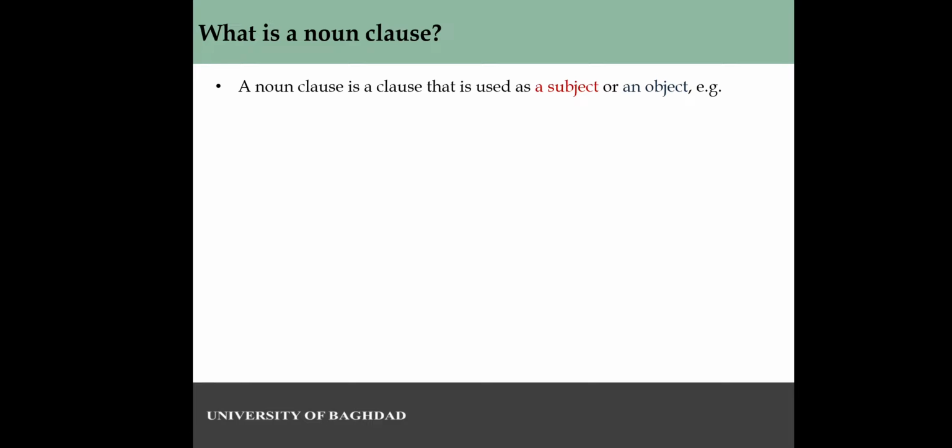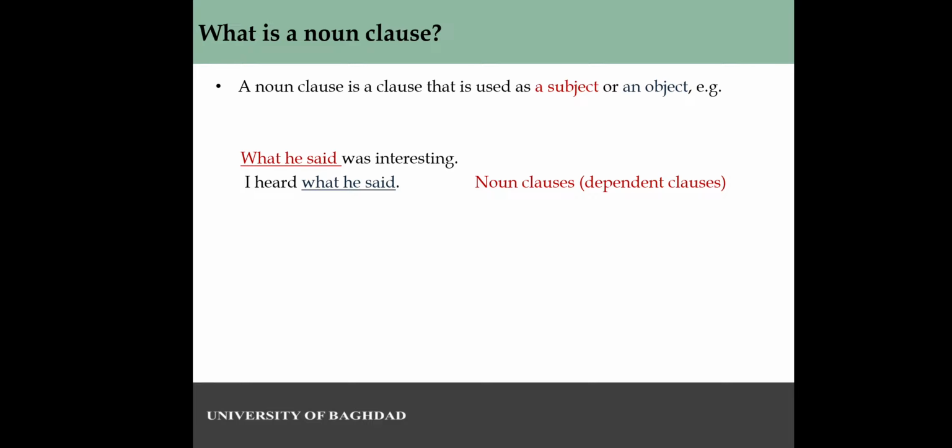What is a noun clause? A noun clause is a clause that is used as a subject or as an object. For example, what he said was interesting. I heard what he said. So here, in these two sentences, we have the same noun clauses: what he said in the first one and what he said in the second one.